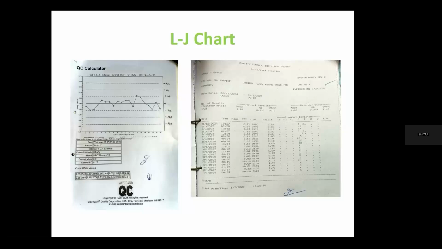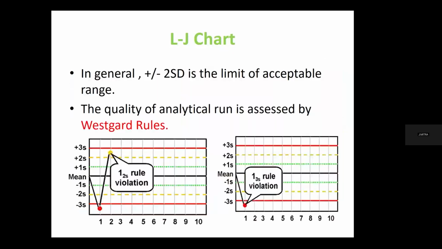You can see there is a mean value, and the crosses are each sample tested, each control run, and the values are scattered around the mean. In general, plus minus 2 standard deviations is the limit of the acceptable range. Your control value should be within plus minus 2 standard deviations.